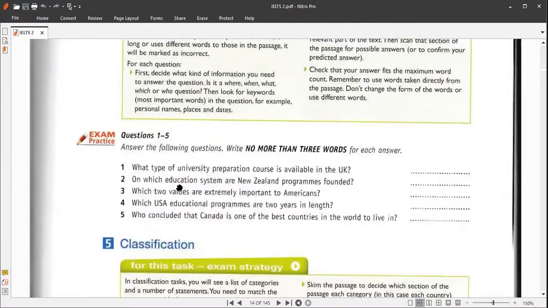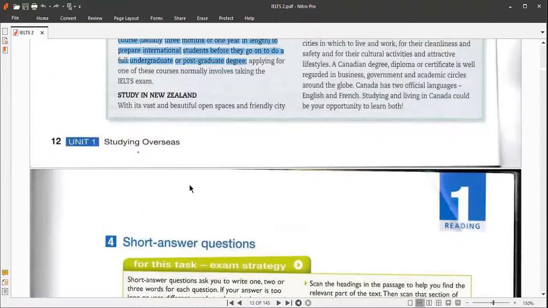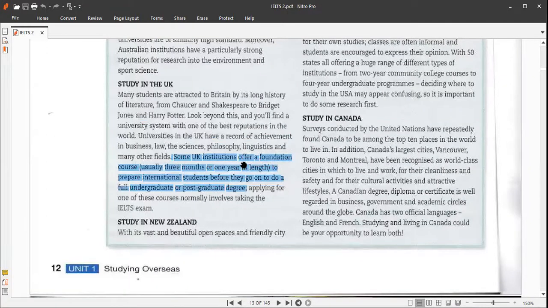Okay, the question: university preparation course. So we understand, what's a preparation course? It's a course to prepare you to go to the university or to be admitted to the university. And here you find to prepare international students before they go on to do a full undergraduate or postgraduate degree.